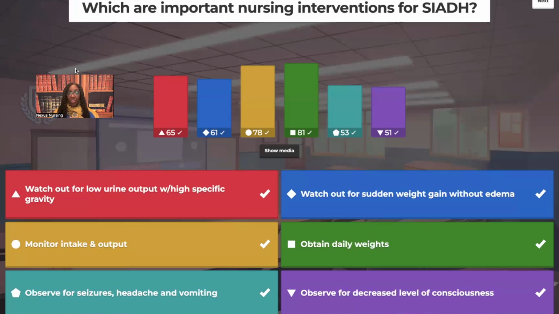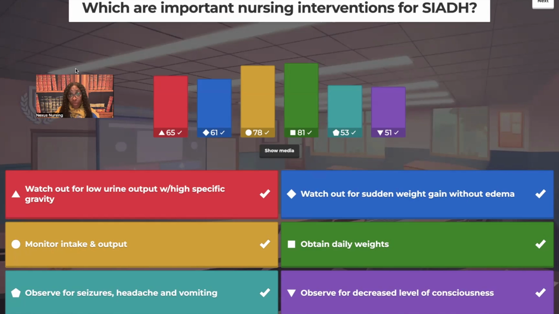When it comes to DI, SIADH, CHF, any disorder that has to do with patients holding on to fluids, when it comes to burns, any disorder where the patient's holding on to fluid, the number one way to assess a patient's fluid balance is always daily weights.